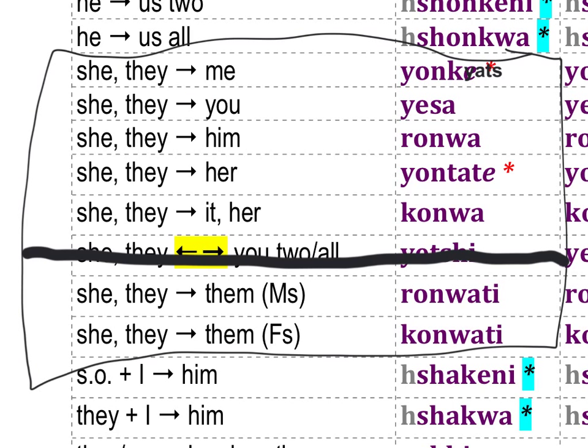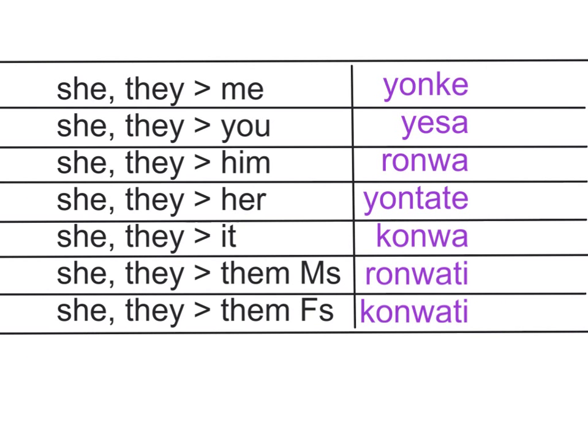So for this verb root and the possible purple prefixes that we can use, we actually only have 7 possible words you can create. These are the possible prefixes that we can use with the yats verb. Let's look at conjugating that verb.